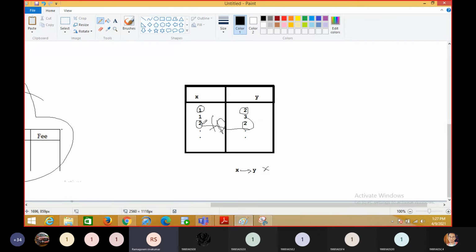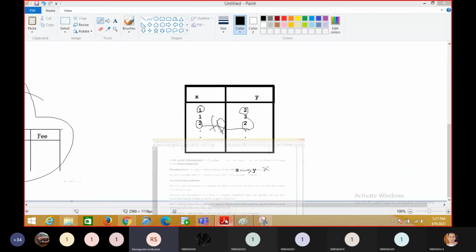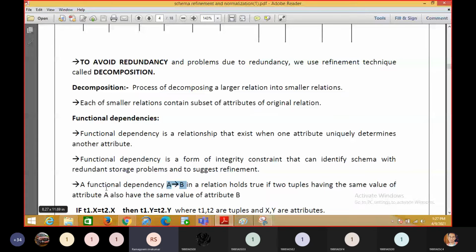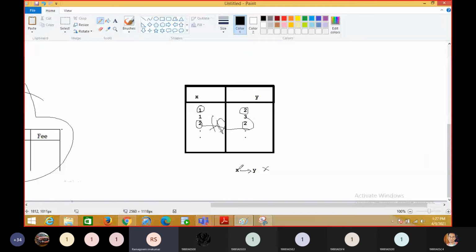Okay, see the condition. That means what? Here x determines y. That means y depends on x. Okay, y depends on x.